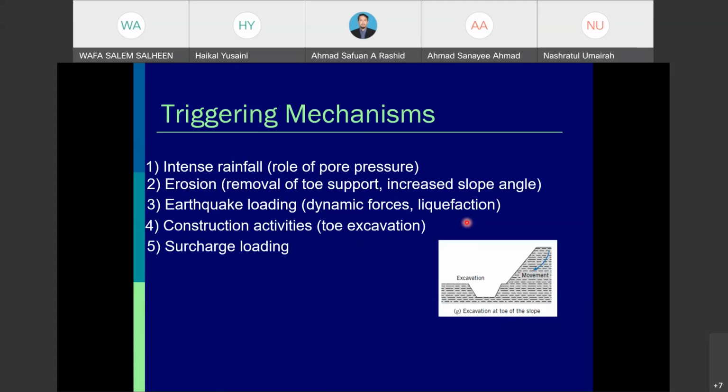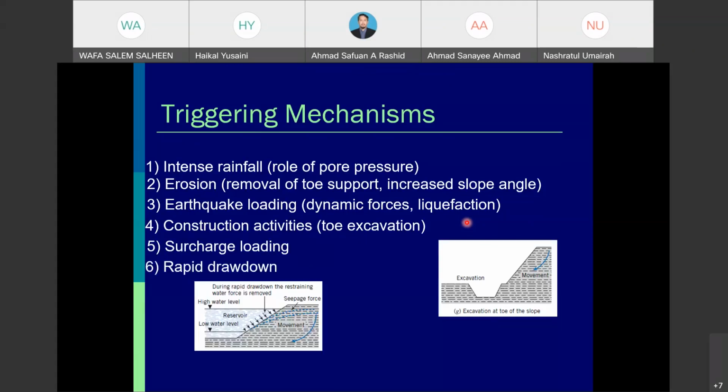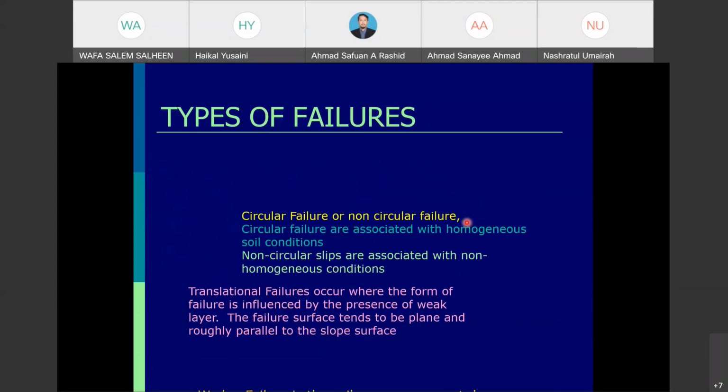Surcharge loading, and rapid drawdown. Normally this happens at the reservoir area, where there is a sudden increment or decrease of water level.